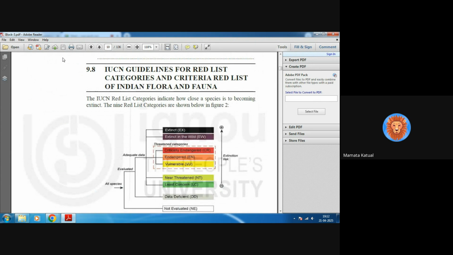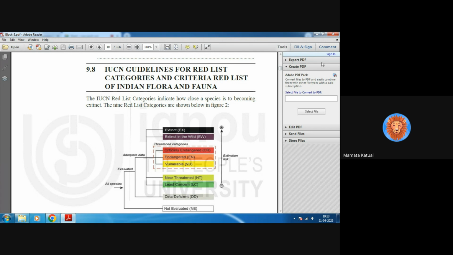Okay. Now we come to IUCN guidelines for red list categories and criteria, red list of Indian flora and fauna. IUCN, the International Union for Conservation of Nature and Natural Resources, has prepared a list of organisms, known as the red list. This indicates how close a species is to becoming extinct.